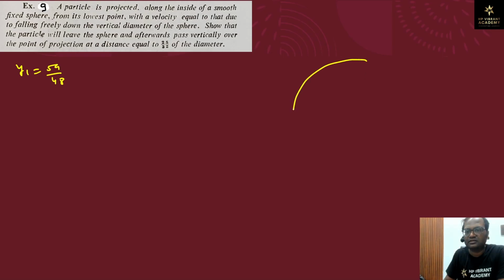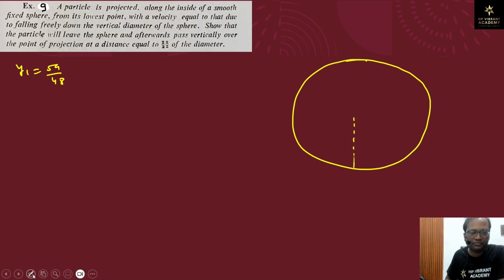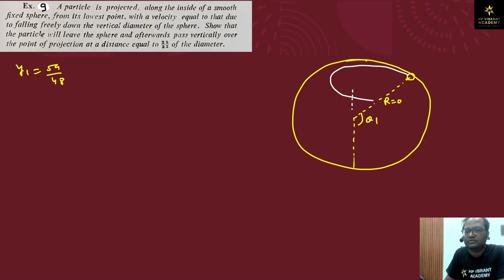What we are having is that our motion is a projectile motion from the point when the circular motion ceases. Here at this particular angle theta 1, the reaction becomes 0. So the circular motion ceases to exist and rather it will follow a parabolic path and pass vertically over the point of projection. So this is our point of projection.